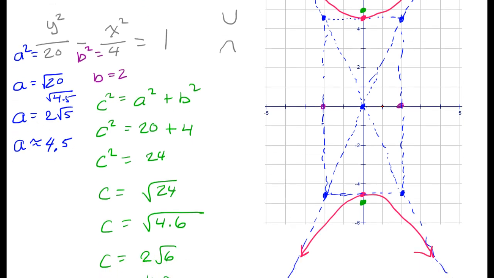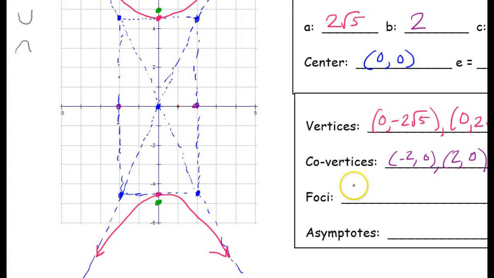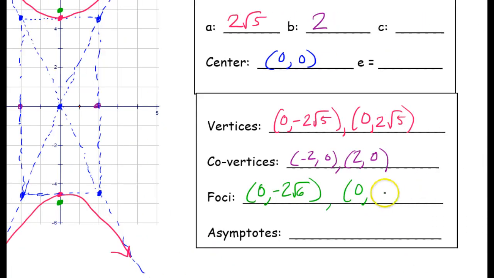I have to use 2 radical 6. So the lower focus is the point (0, negative 2 radical 6), because I went down 2 radical 6. And the upper focus is at (0, positive 2 radical 6).